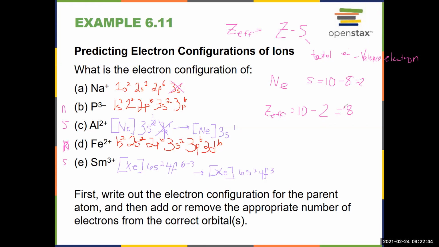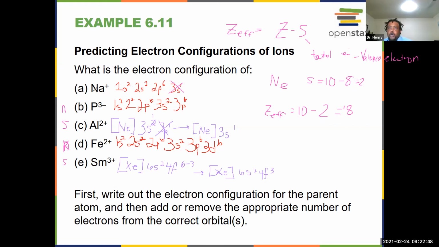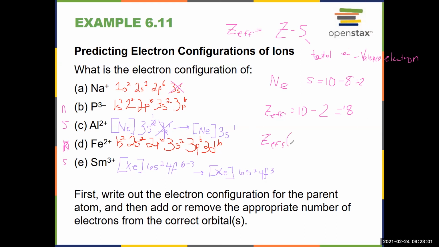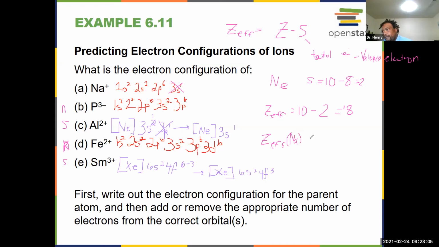Okay. So if we have sodium, let's say sodium alone, and then we'll do the sodium ion. What is our Z effective for sodium? The atomic number for Na is 11.